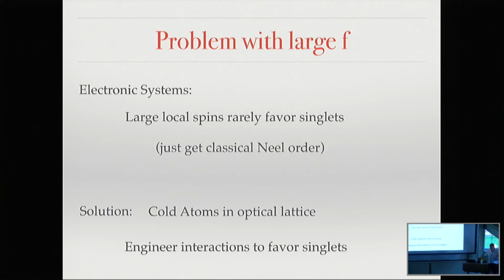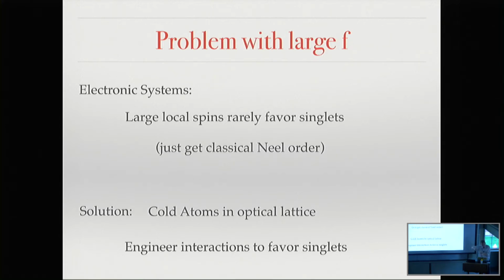Okay. The problem with going to large f is that if you look in electronic systems, which have some local spin, some moderately large f, the types of interactions you naturally get are not ones that favor singlets, but rather ones that favor a more classical Néel order, typically, right? And you can kind of understand this: one of the major sources of interactions between the spins is really exchanging a fermion, and that changes your local spin by like 1.